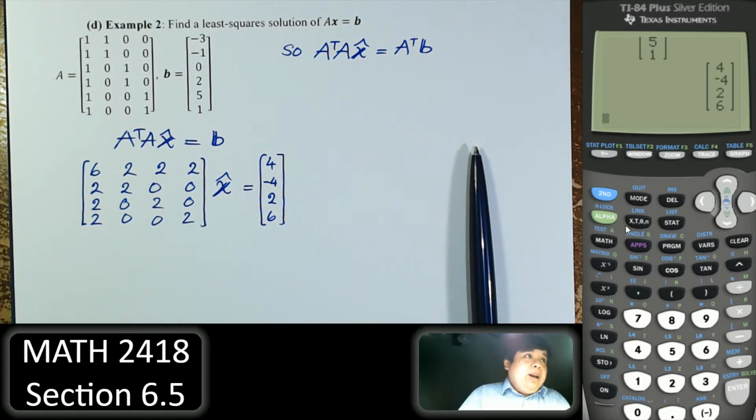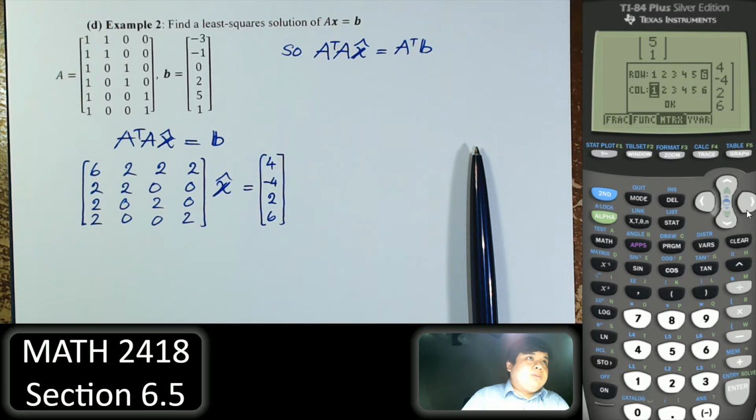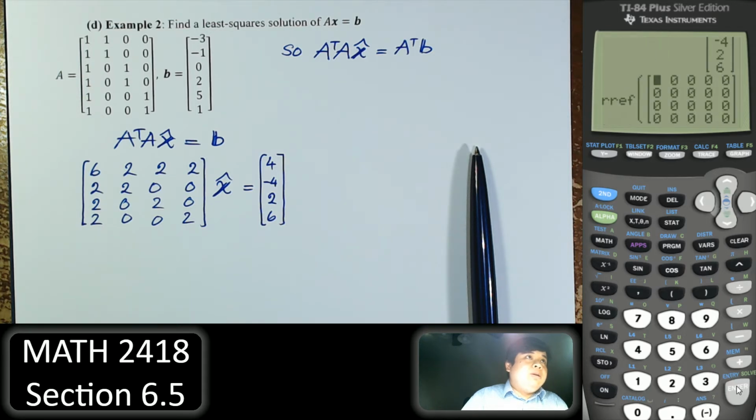Right, now let's reduce to echelon form of this. 4 rows, 5 columns. 6, 2, 2, 2, and 4. 2, 2, -4, 2, 2.